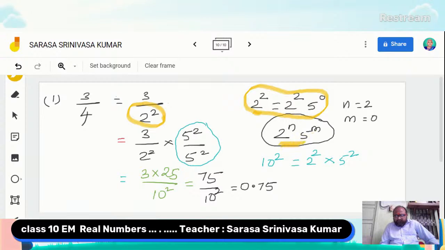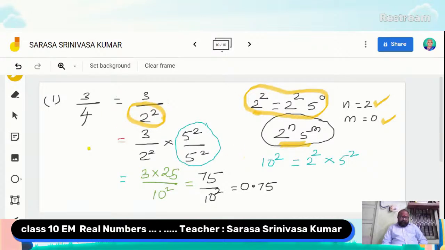So we should compare this denominator with the formula 2 power n multiplied by 5 power m, here n equal to 2 and m equal to 0. This is the procedure. We should follow strictly the mathematical procedure in accordance with the syllabus.